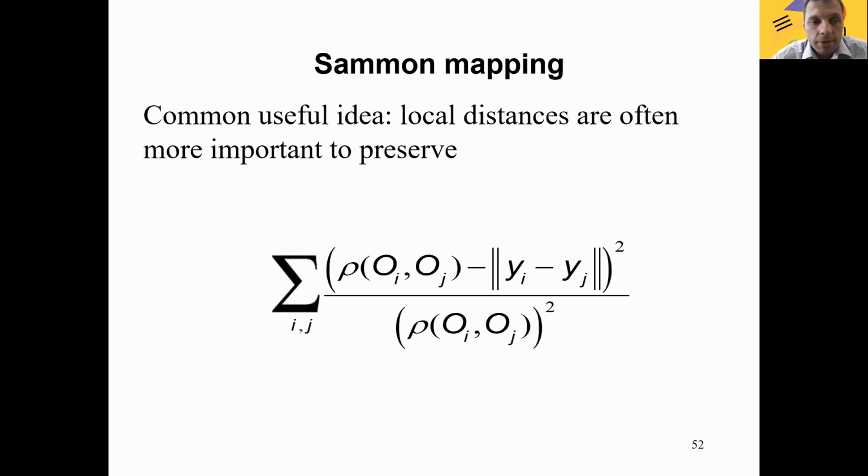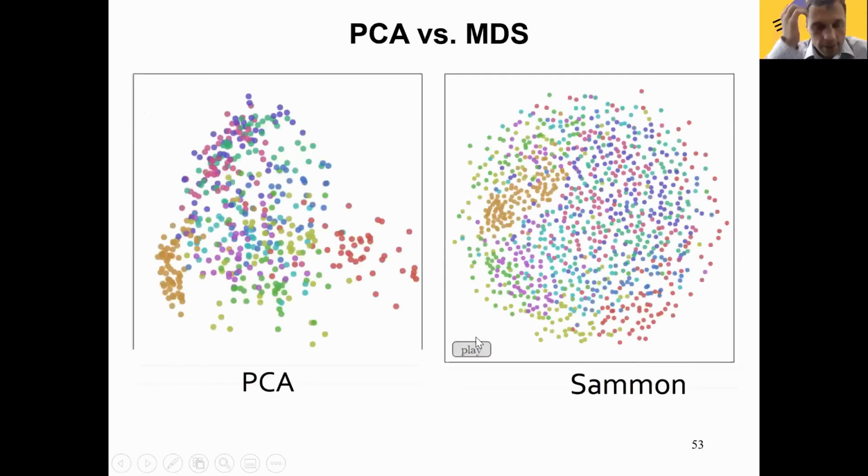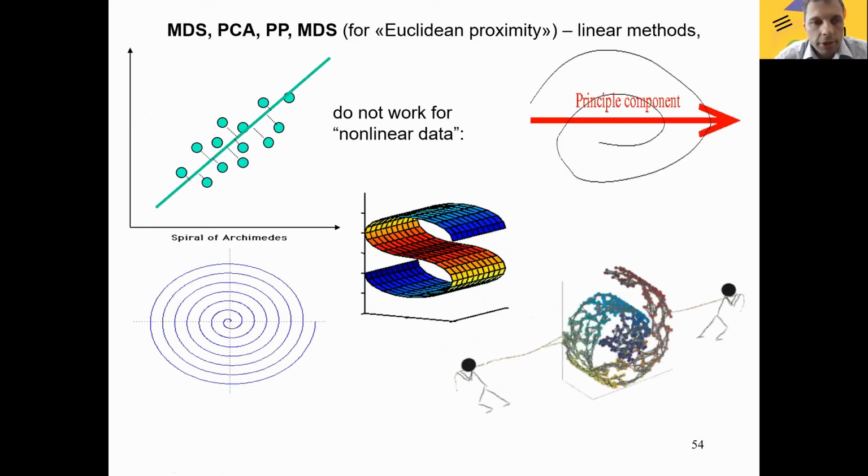And so we introduced this additional weighting here. And now let us look whether this helps or not. Unfortunately, in the case of these data sets, it doesn't help at all. So if we apply PCA or Sammon mapping, we don't get an accurate projection.